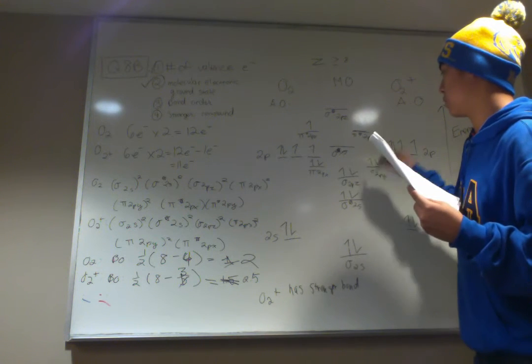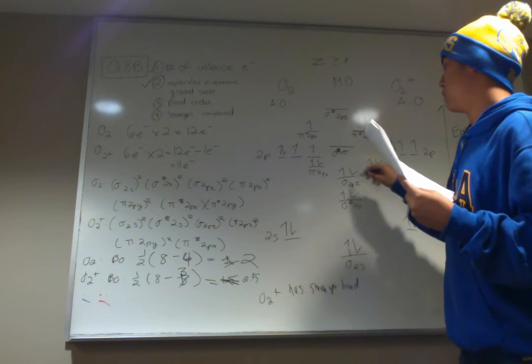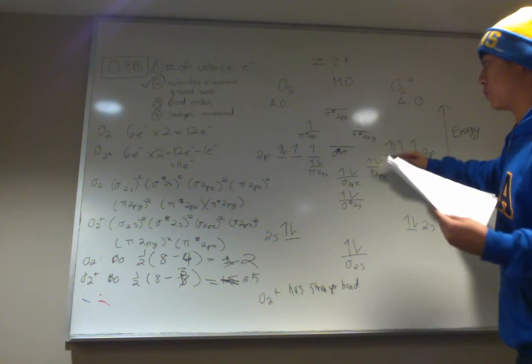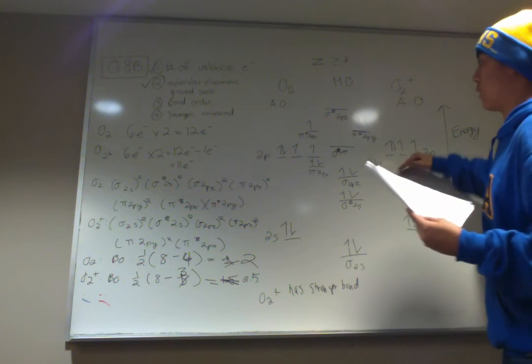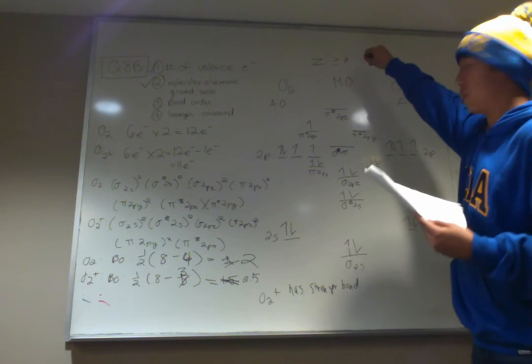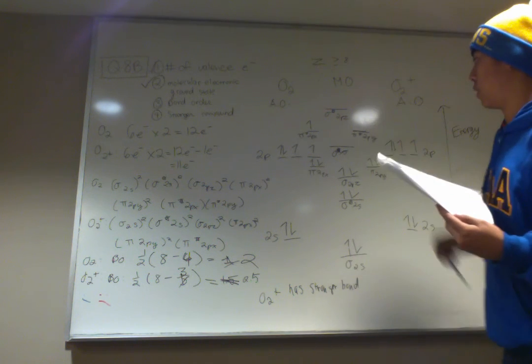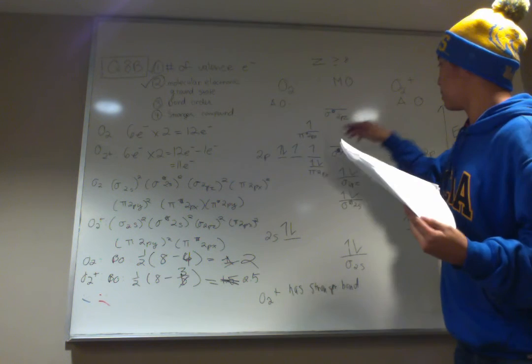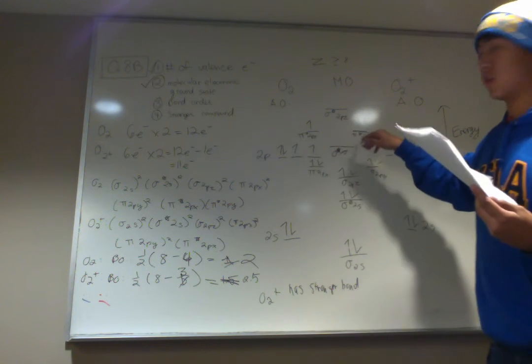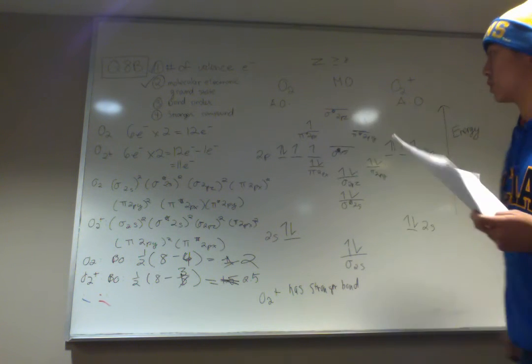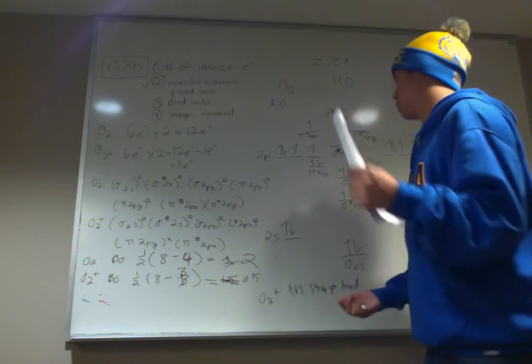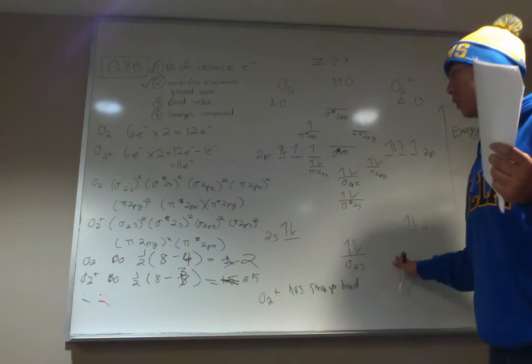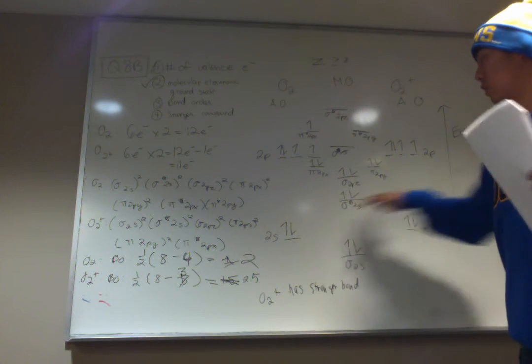Then we have sigma 2pz, which is below the pi 2px and pi 2py because Z is greater than or equal to 8. Then we have our pi star 2px, pi star 2py, and then sigma star 2pz.